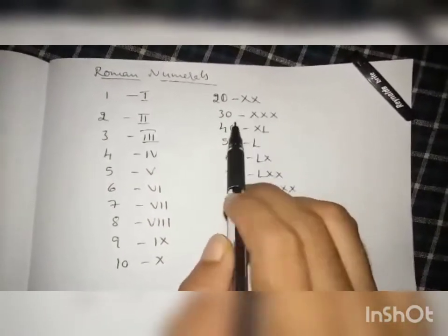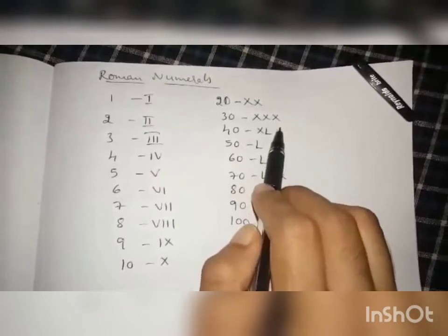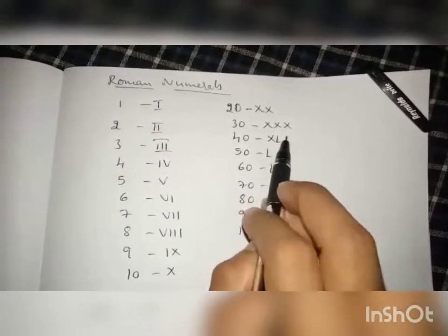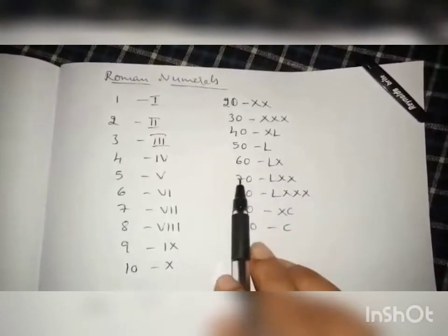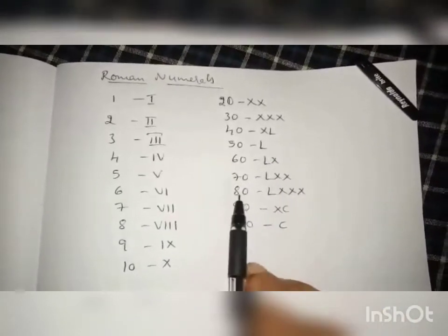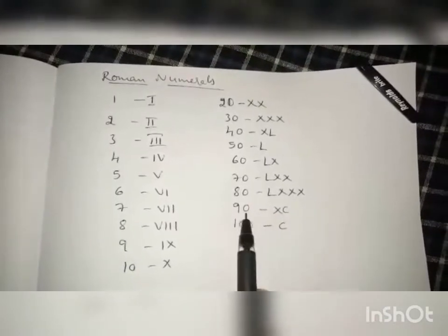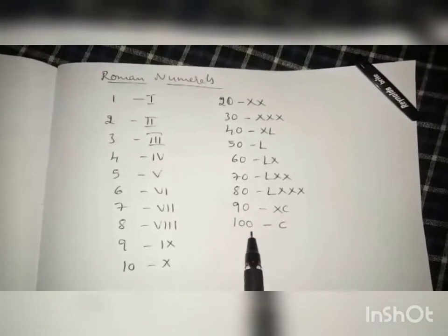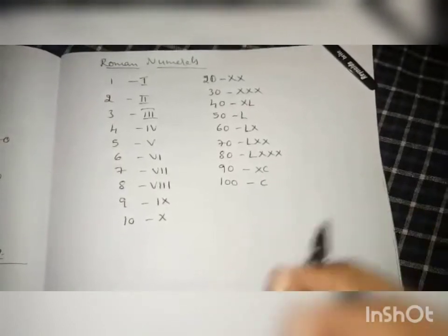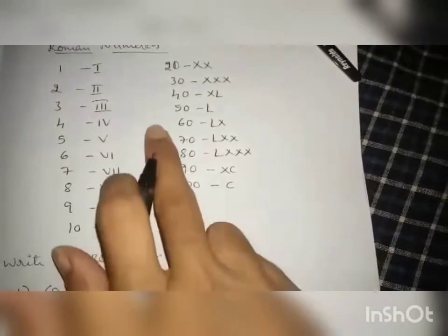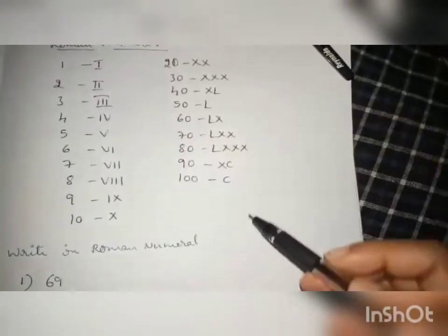Double X. 30 is triple X. 40 is XL. 50 you have to write as L. 60 is LX. 70 is L with double X. 80 is L triple X. 90 is XC. 100 is C. Students, study these Roman numbers.